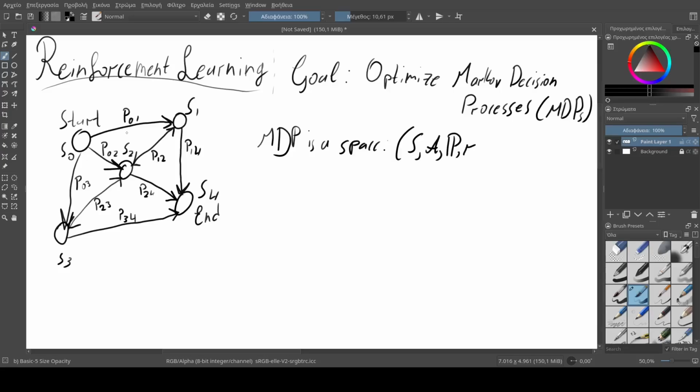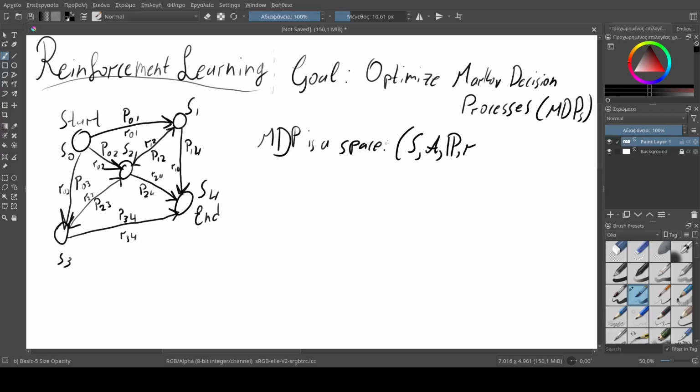So if we go from here, we have reward R01, R02, R03, R23. Let's say these are equal also both ways. So R32 is the same as R23, R12, R24, R14. We're filling the blanks now, and R34. I hope I haven't forgotten any.